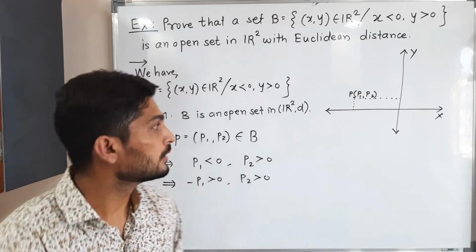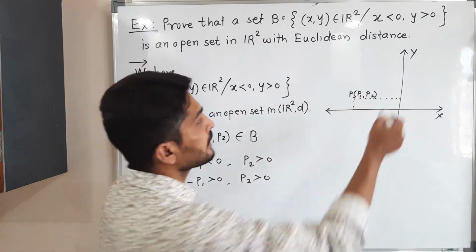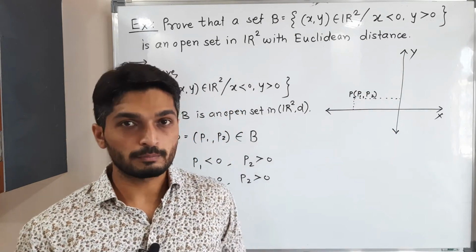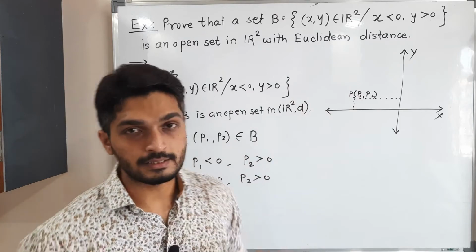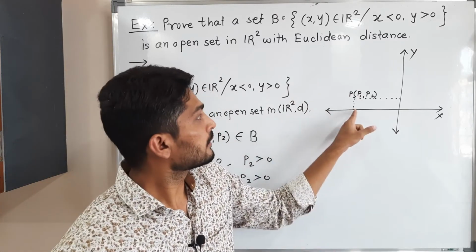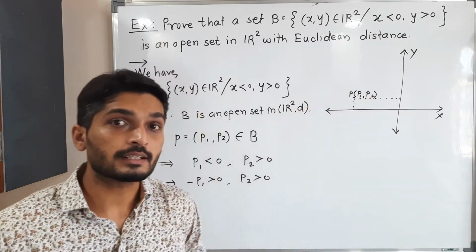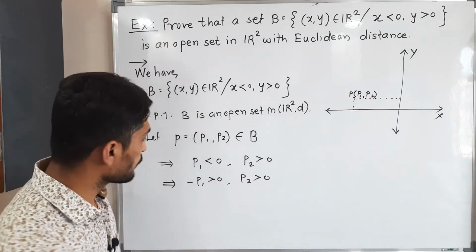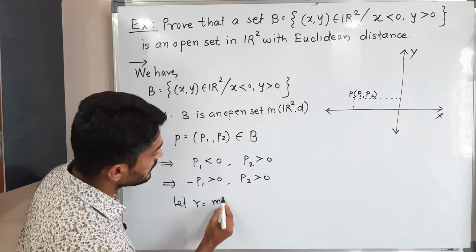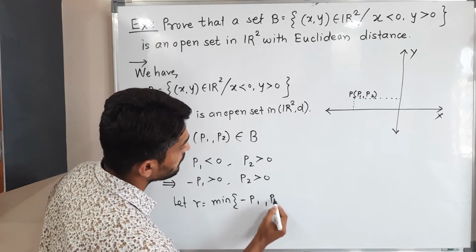We have to find its radius. So what will I do? If you consider this distance and draw a circle, then it will go outside the second quadrant. But if you consider this as the radius and draw an open ball around P having this radius, it will lie in the second quadrant. So I need to select R equal to the minimum of minus P1 and P2.